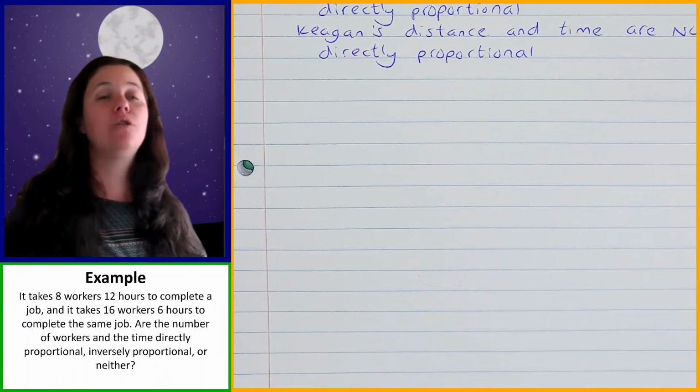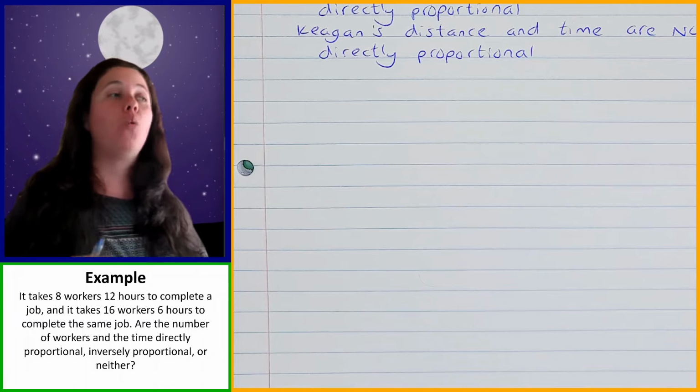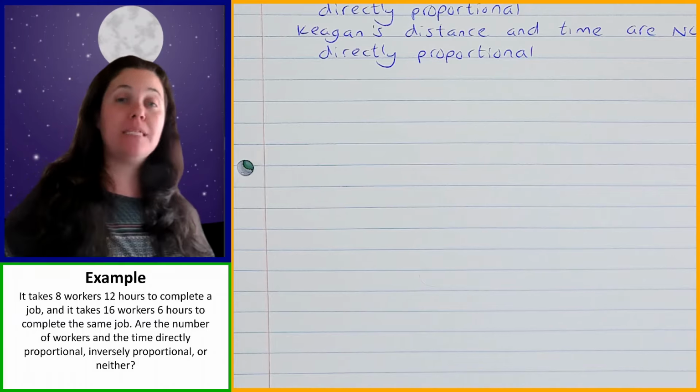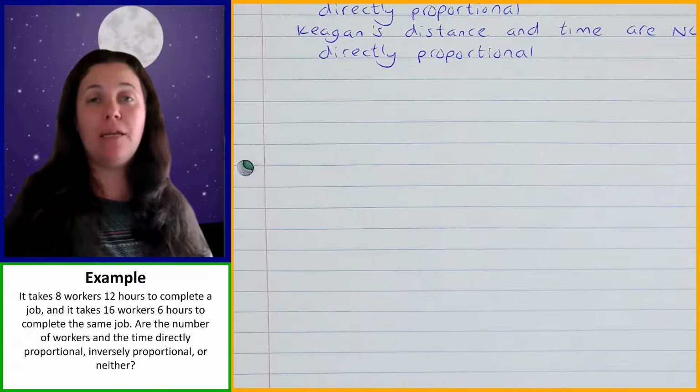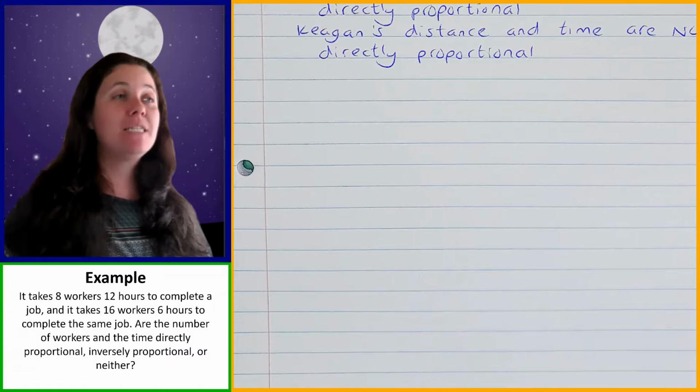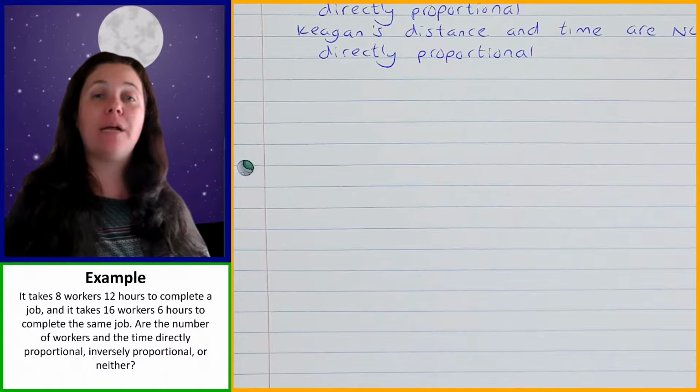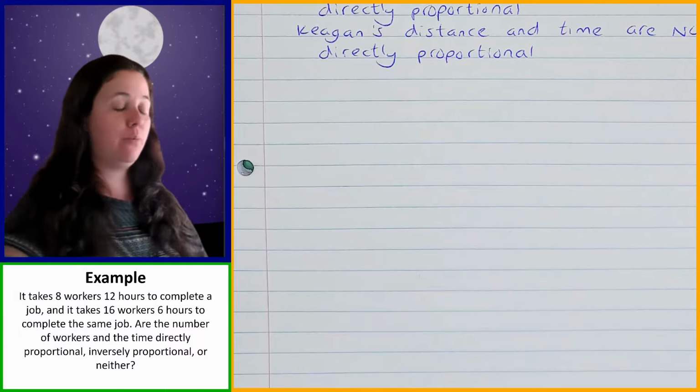Okay, so the first thing we're going to do is identify which it could be. Could it be directly proportional or could it be inversely proportional? Based on the fact that the one variable is going up and the other one's going down, we can say that it could be inversely proportional.